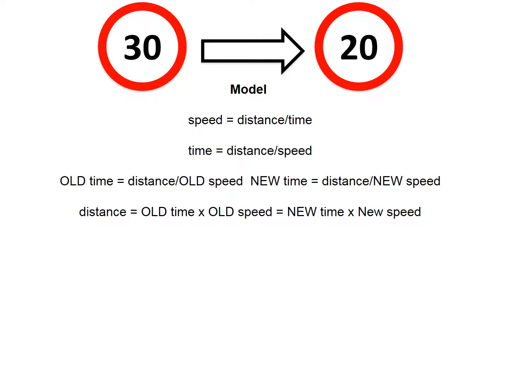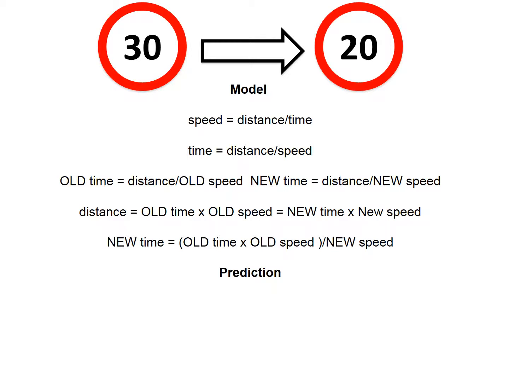You can basically think that the distance is the same in both of those equations. So the new time is simply going to be the old time times the old speed divided by the new speed. So you don't even need to know the distance to work out how long it's going to take. This is all stuff that he's done basically in his head in a fit of rage while on Facebook, which is always a bad idea.